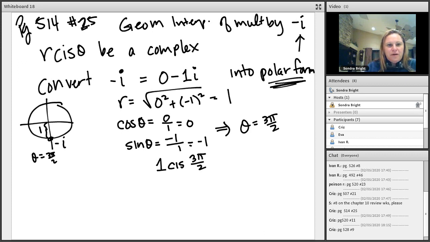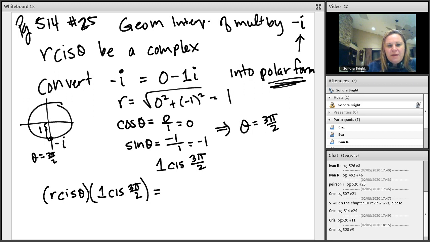Okay, so what happens when we take just any complex number, I'm calling it r cis theta, and multiply it times negative i, which we just figured out was 1 cis 3 pi over 2 in polar form?